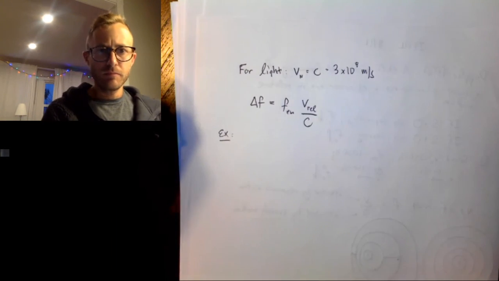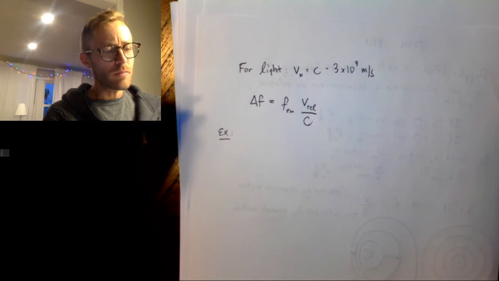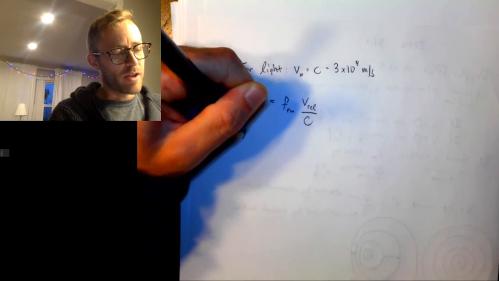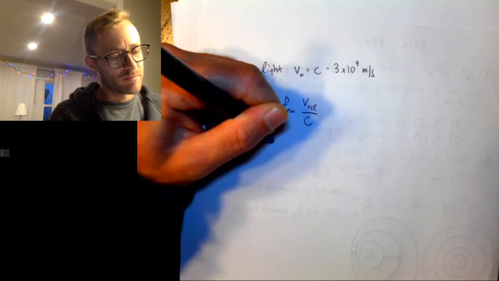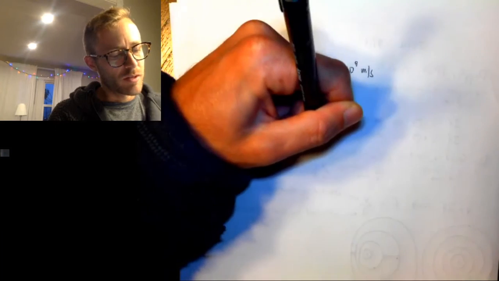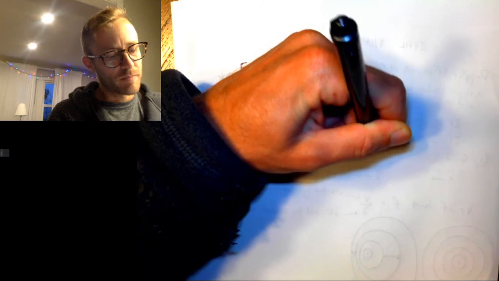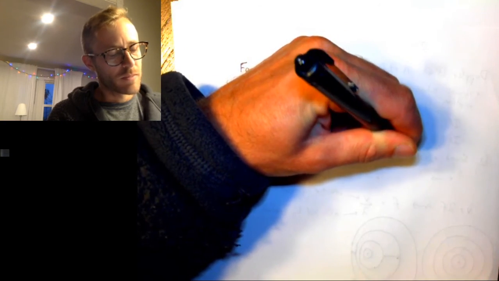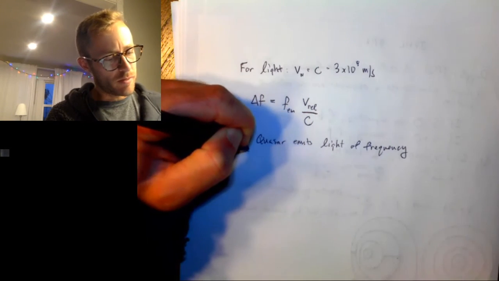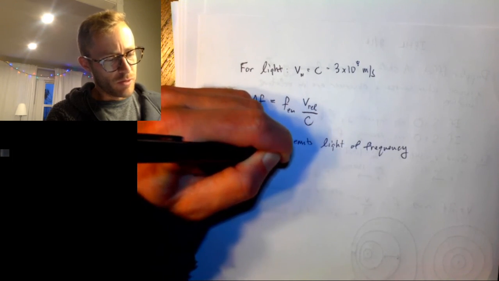An example with that would be, let's suppose that, I don't know, a quasar emits light of frequency, let's say, 9.5 times 10 to the 15th hertz.